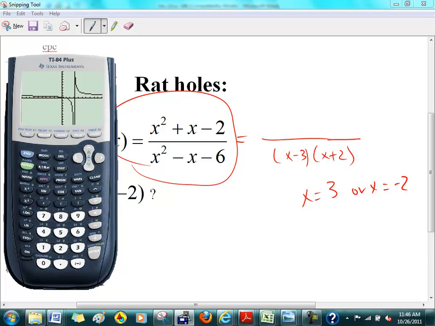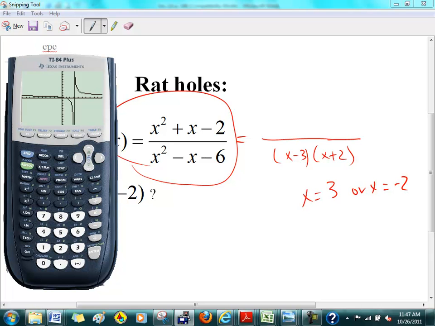Everybody get something that looks like this? Yes? What happened to x equals negative 2? It's not there. What happened?